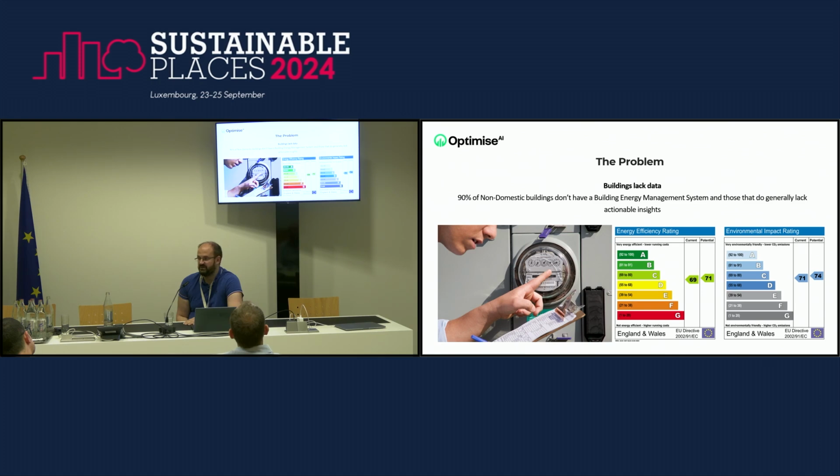Until a couple of years ago, the vast majority of non-domestic buildings didn't have smart meters, because the government only regulated for the installation of smart meters in domestic buildings. Because generally speaking, regulation for things in the UK that affect consumers is a lot tighter than things that affect businesses. So we went to the view to say, we want to build products that people who don't have a lot of data about their building actually can use.